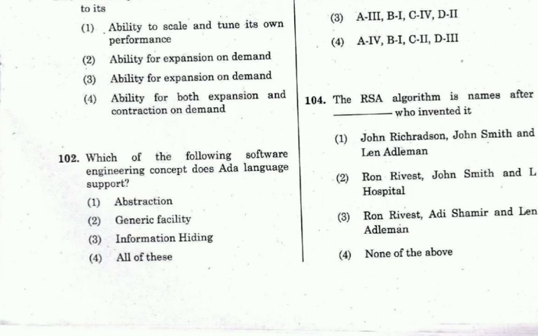Which of the following software engineering concepts does ADA language support? ADA is a structured, statically typed, high-level programming language designed for safety and efficiency. It supports features like abstraction, generic programming, information hiding. So option 4, that is all of these, is the correct answer.